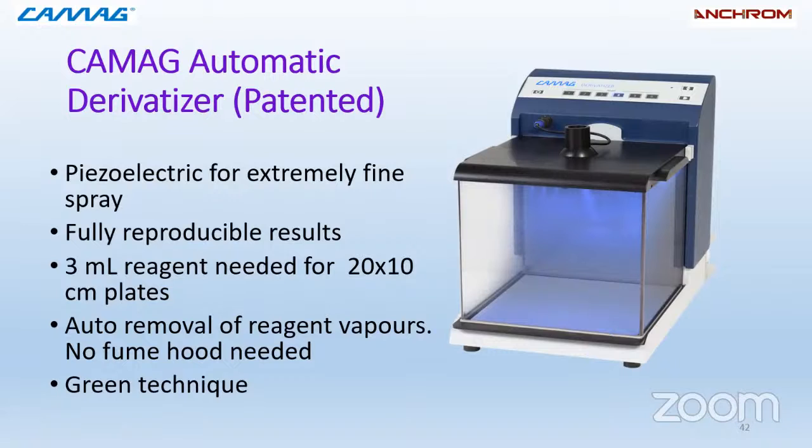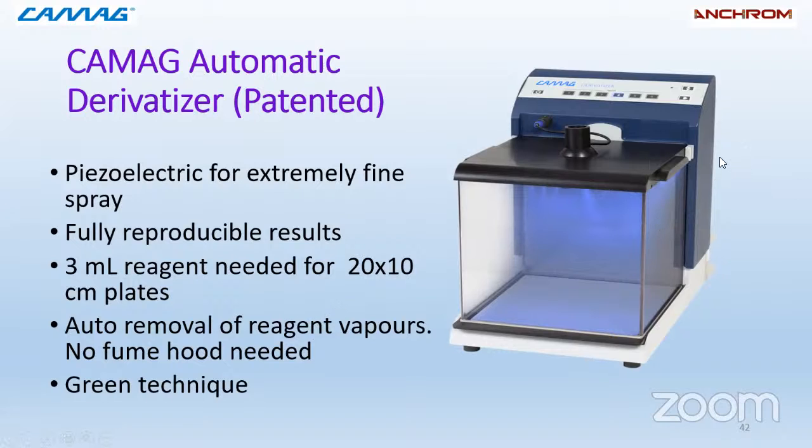For that purpose, derivatization is done, and we have the CAMAG derivatizer, which works on the piezoelectric principle. That means this is the nozzle in which we are supposed to put our derivatizing reagent. The derivatizing reagent is converted into a fine mist, and then it is sprayed onto the plate uniformly. Only 3 ml reagent is required, 3 to 6 ml for 20 by 10 and 20 by 20 centimeter plates respectively.